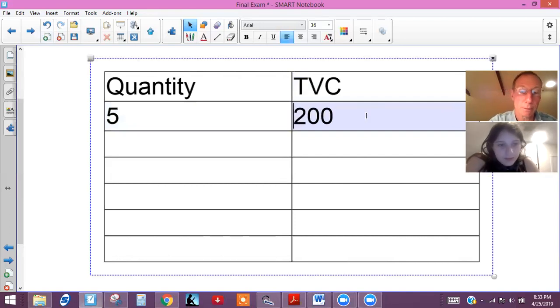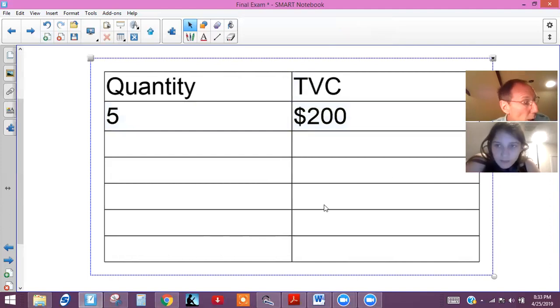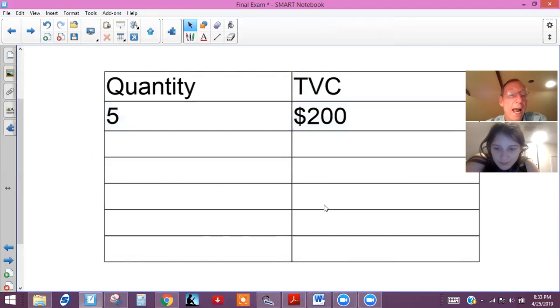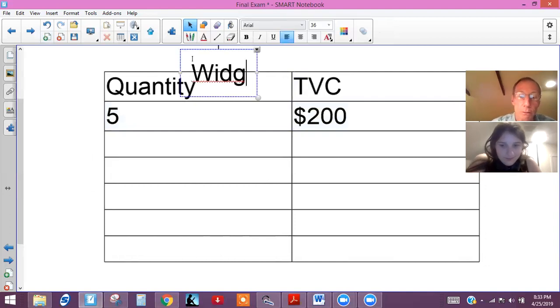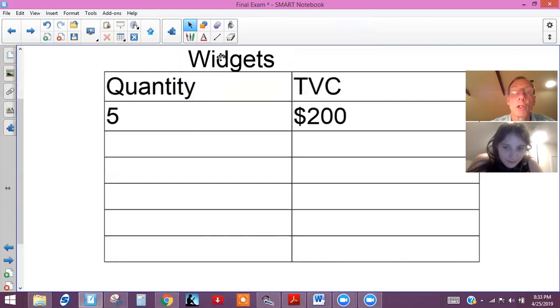If I were to ask you what is the average total cost of producing 5 of whatever they are, let's call them widgets, well, you don't know. You only know what the total variable cost is.